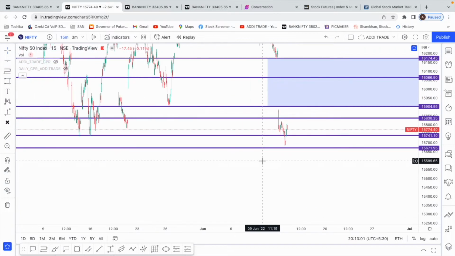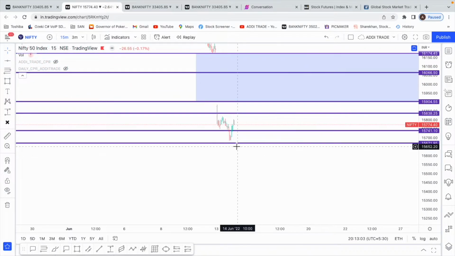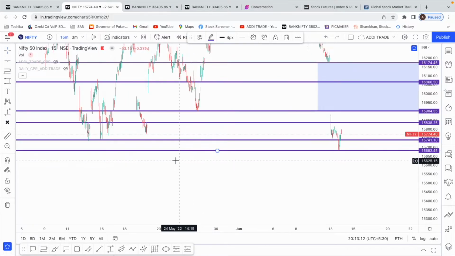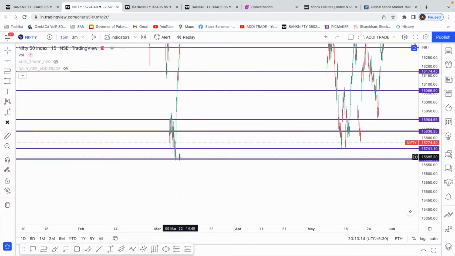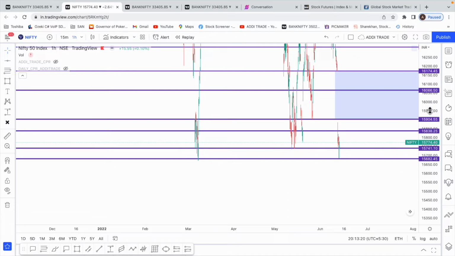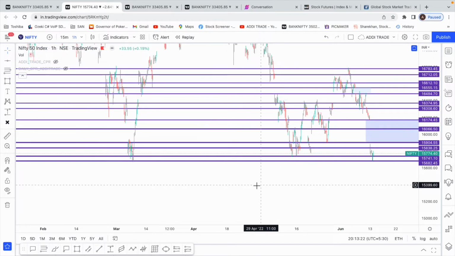So we got a nice dip until this level of 15,660. I'm going to move this level a little higher because even previously we had taken support over here, right? If I just shift to a higher time frame, it will be visible, like say 1 hour. See, this line was there because of this price action.